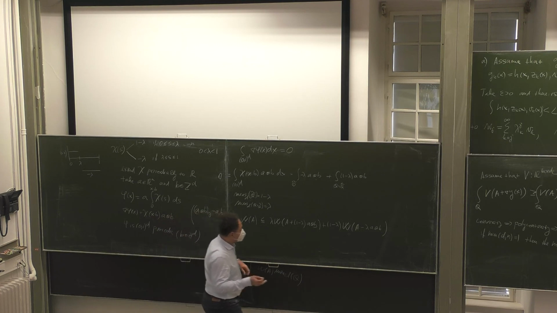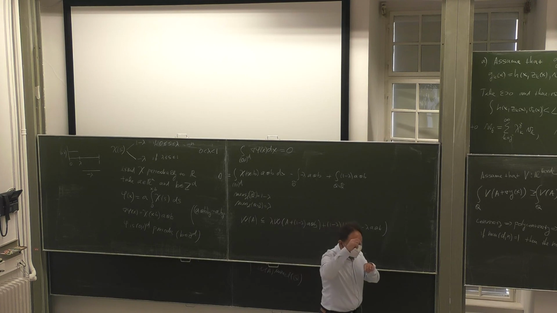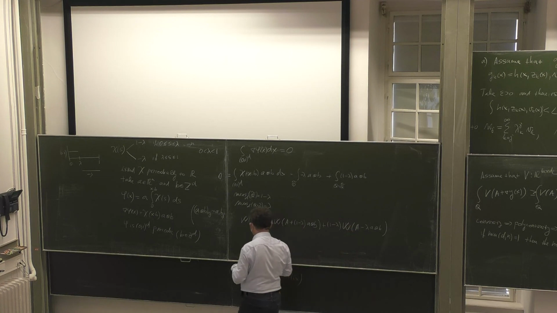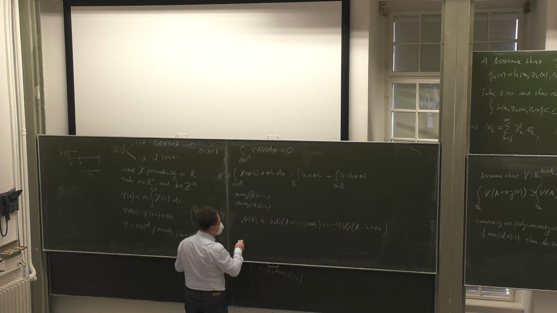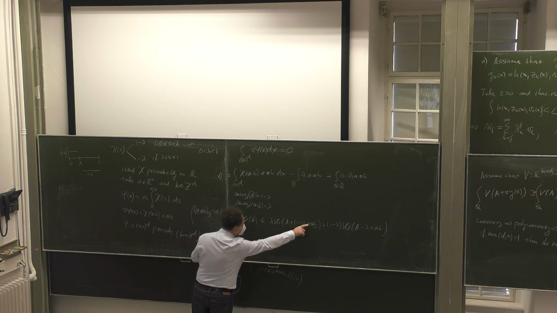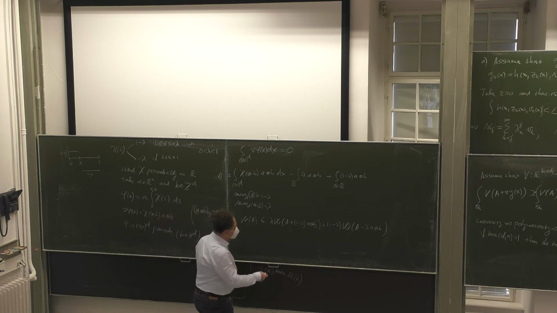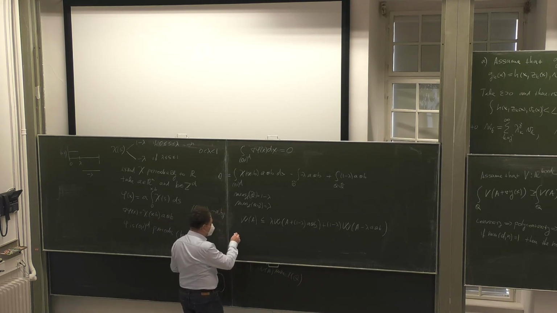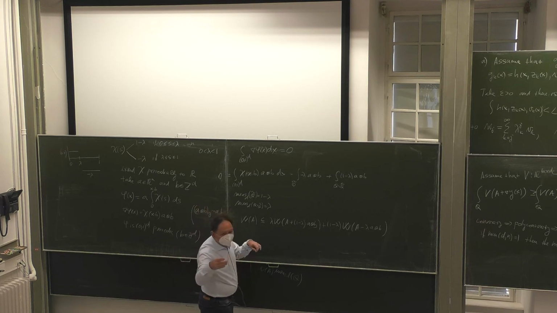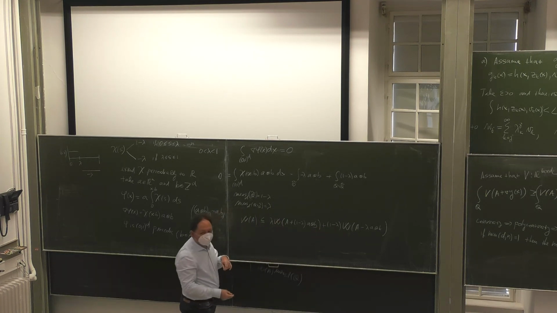Now we go for b rational. We write b rational as a fraction of two natural numbers, b1, ..., bn with some common denominator, and I prove it for rational numbers.